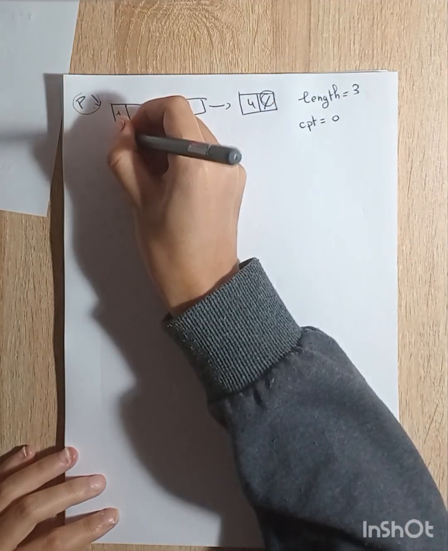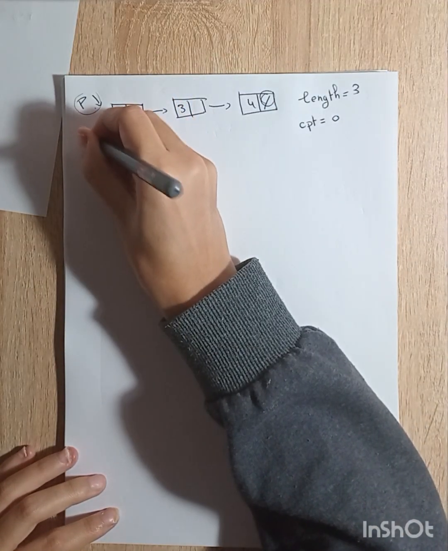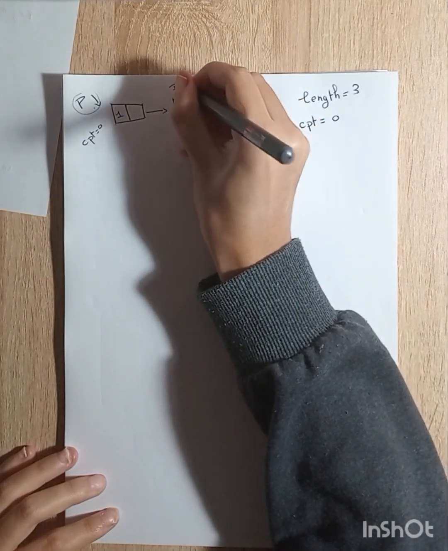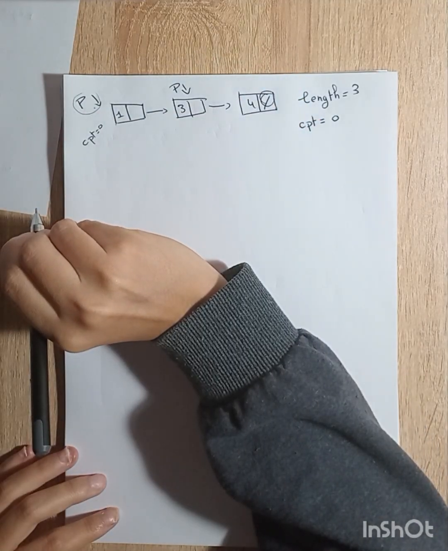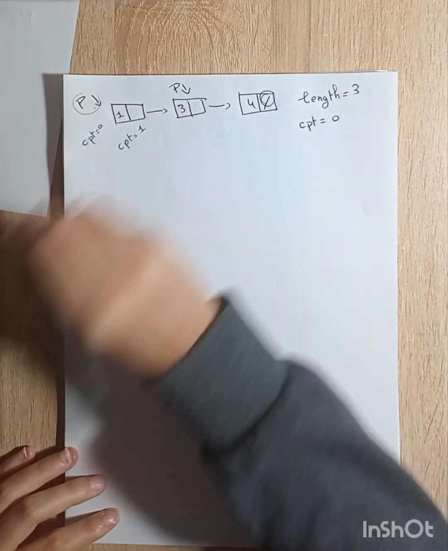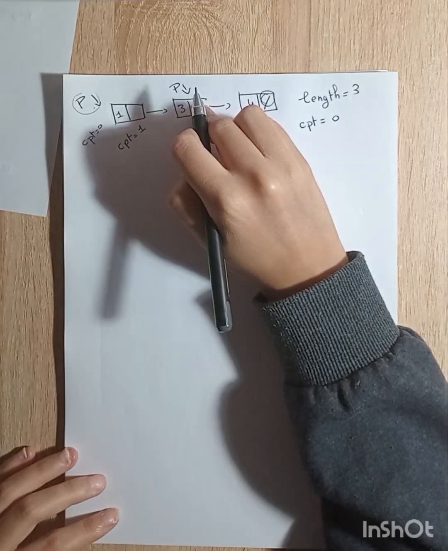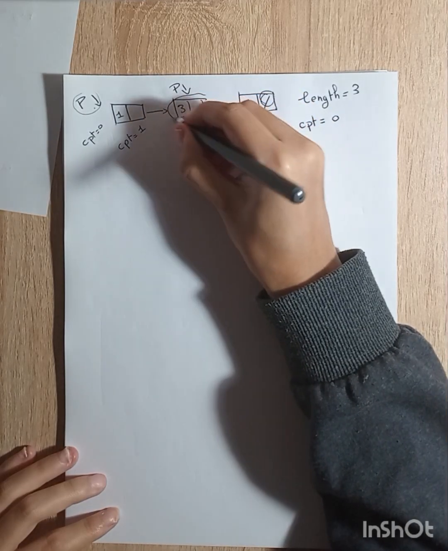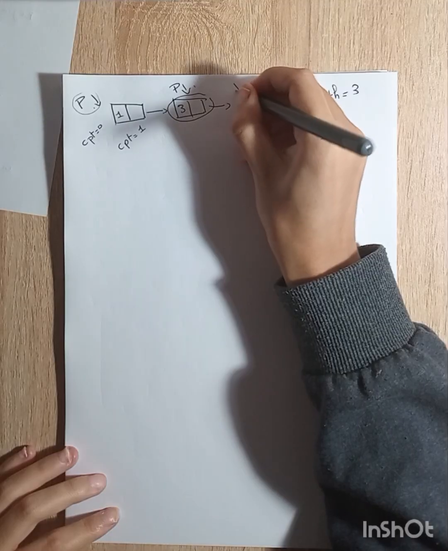So it will be here. We have 0. The pointer will move as long as P is not equal to nil. We will have the counter is 1 now, and then P is not equal to nil, so it will move forward.